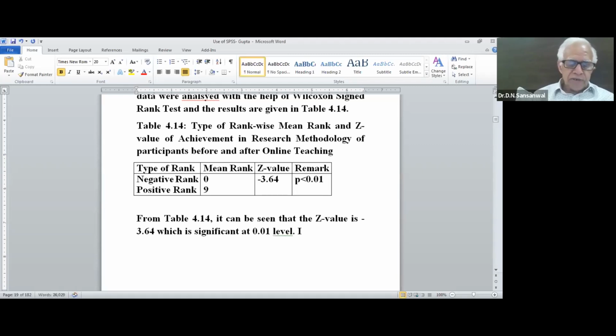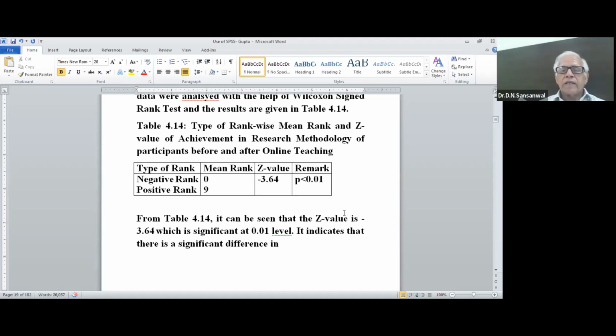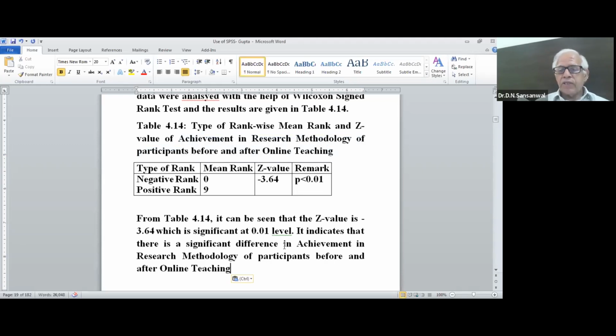It indicates that there is a significant difference in achievement in research methodology of participants before and after teaching.